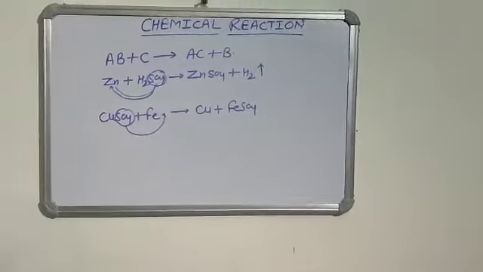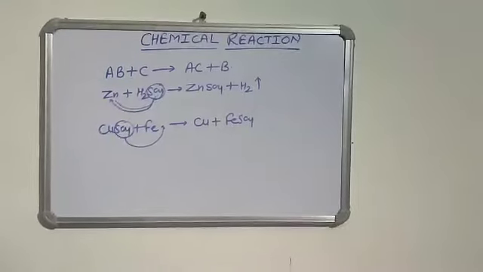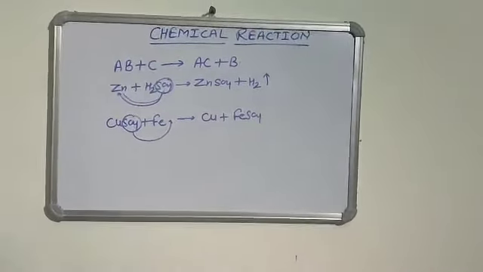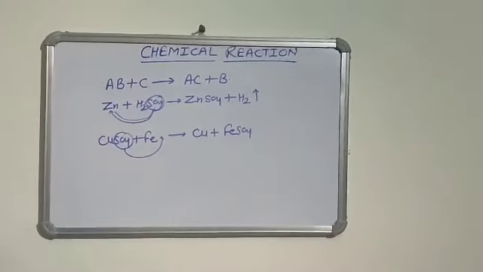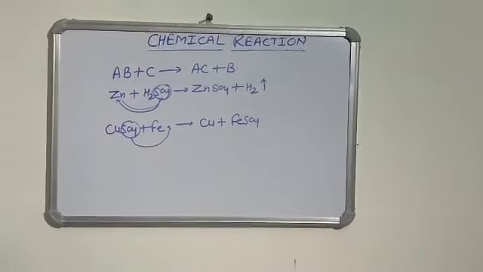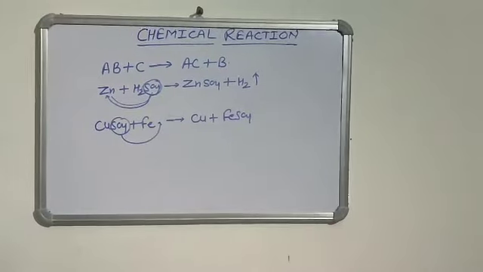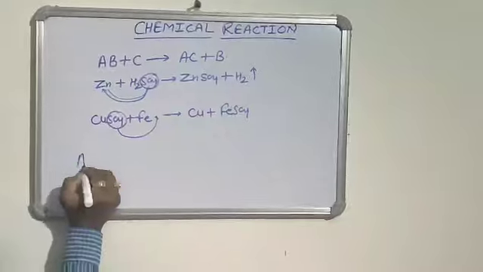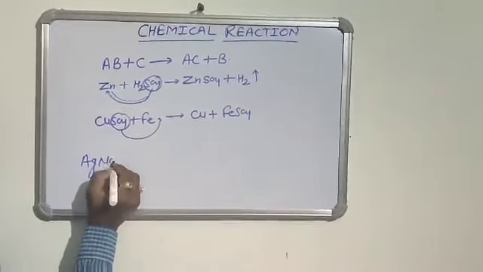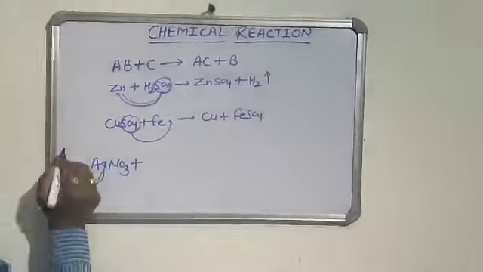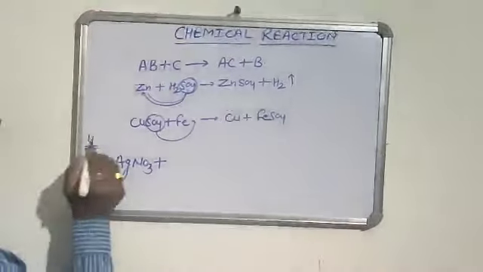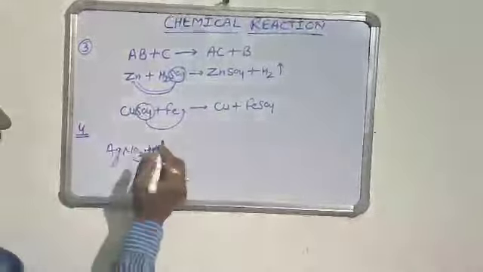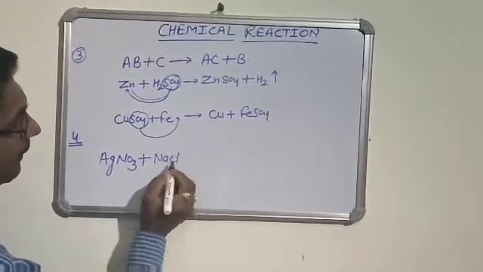Another type of reaction is double displacement reaction. In double displacement reaction, two components are displaced by each other. A very good example is when AgNO3 reacts with NaCl.